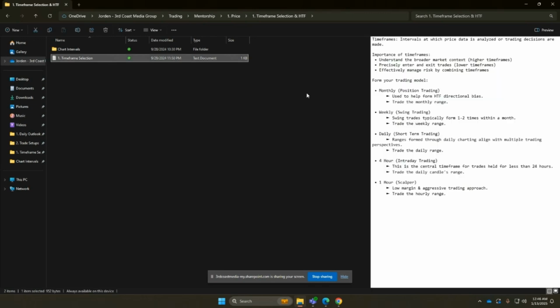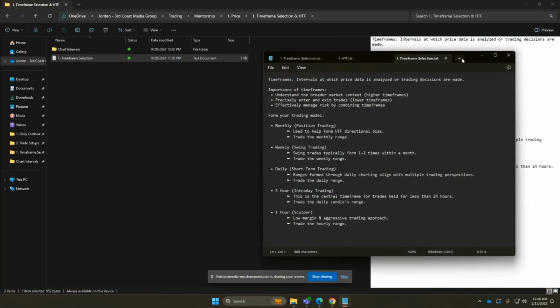That's higher time frame. So we'll go through a couple of things, and then we'll get you familiar with time frame selection first.